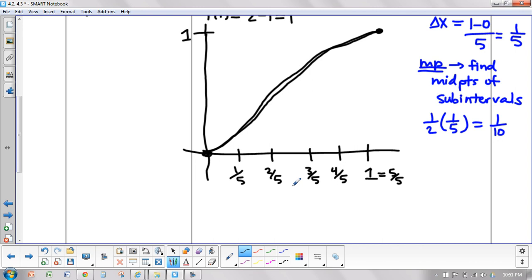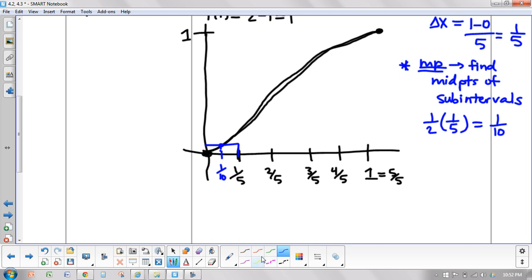Okay. Then for midpoints, I want to take this space between 0 and a fifth, and instead of going up from either of those heights, I want to go up from the midpoint at a tenth. So cut it in half, mark a tenth. That's where you go up to your function, and that's where you draw over your rectangle.